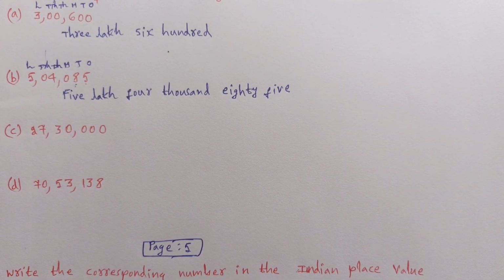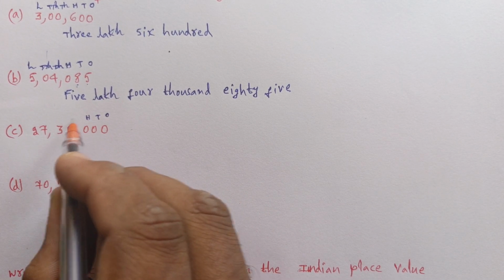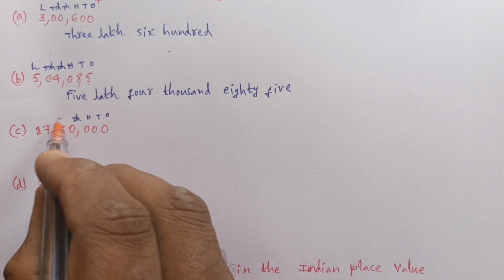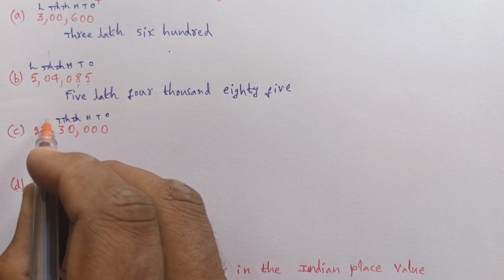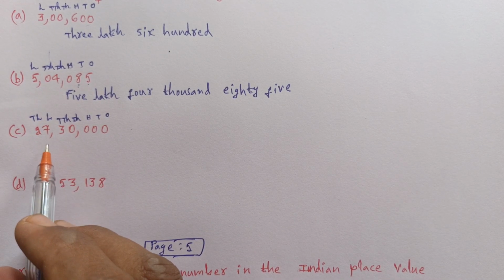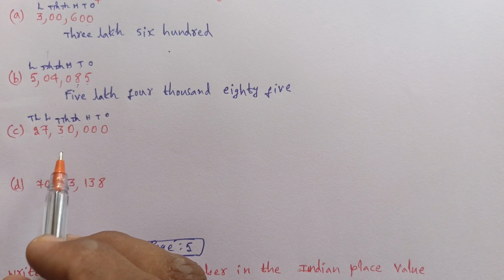Now coming to the C bit here, one more digit after the lakh position, the 10 lakh position, is given. In 10 lakh is actually one group, thousands is one group, that's why we have to place the commas.